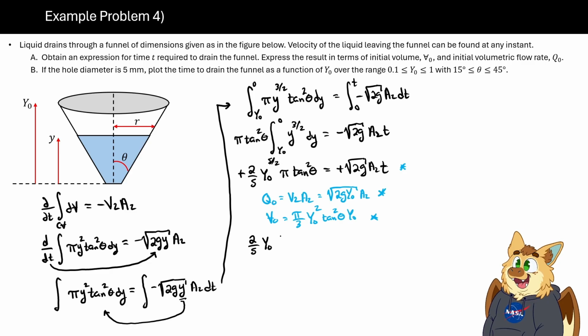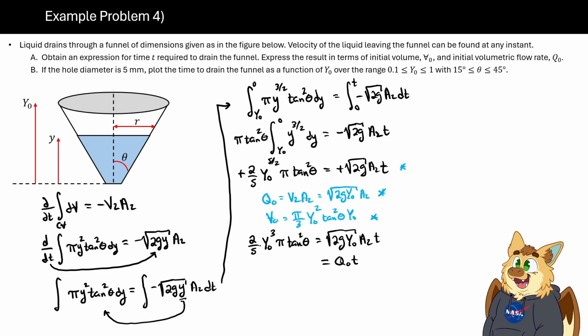That would be y naught cubed times pi tangent squared theta equals square root of 2g, and we multiplied by a y naught on both sides, so we end up with a y naught over here, a2 times t, and this is our volumetric flow rate. Great, that simplifies down nicely.